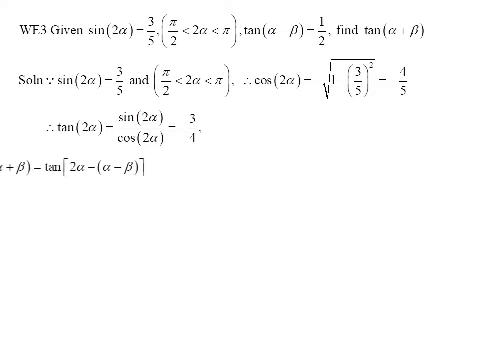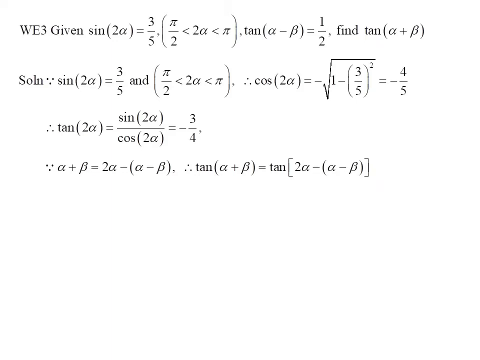Since alpha plus beta can be written as 2alpha minus (alpha minus beta), tangent (alpha plus beta) can be written as tangent of (2alpha minus (alpha minus beta)).